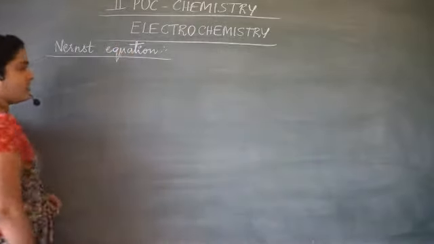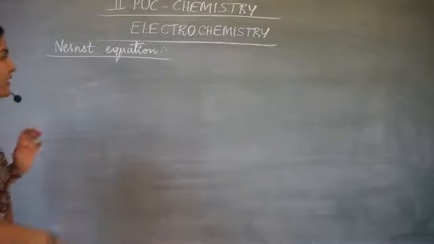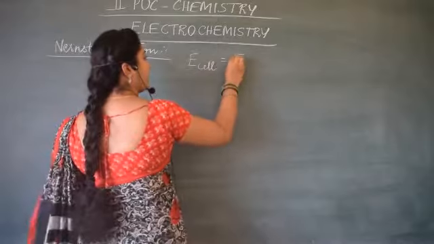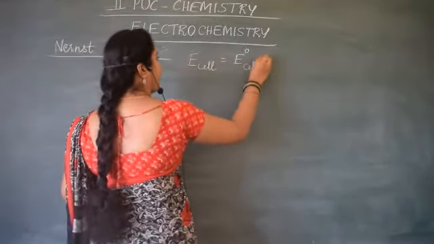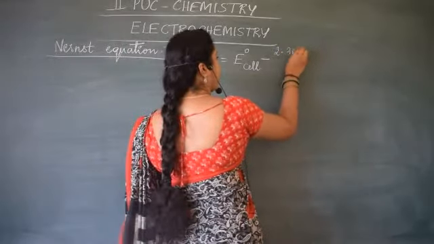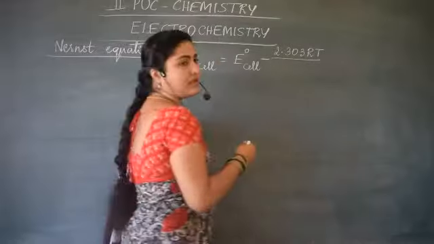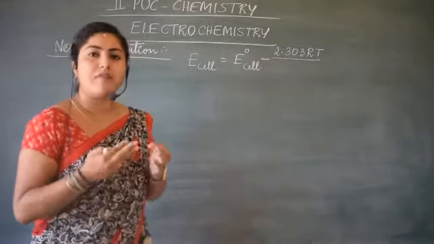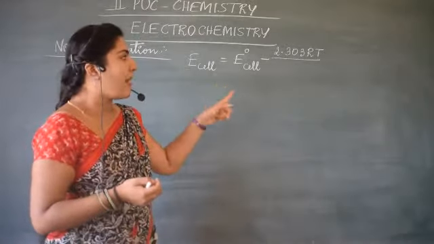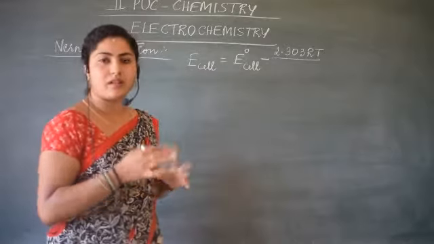Nernst equation, in general, if they ask you to write, you know how you are supposed to write. E cell is equal to standard electrode potential of cell minus 2.303 RT, if you are writing it in terms of log to the base 10. If you are writing it as natural logarithm, then you will be writing minus RT by NF ln the concentration term.